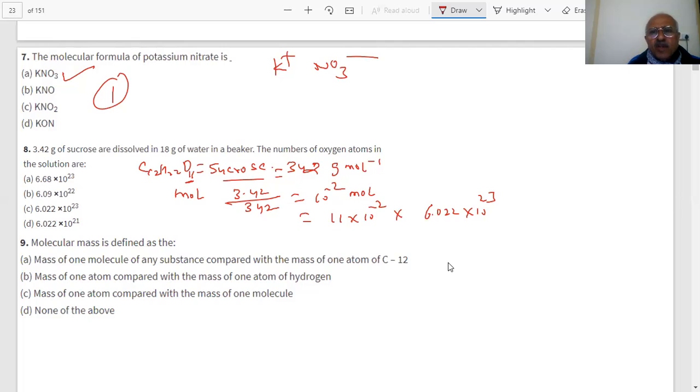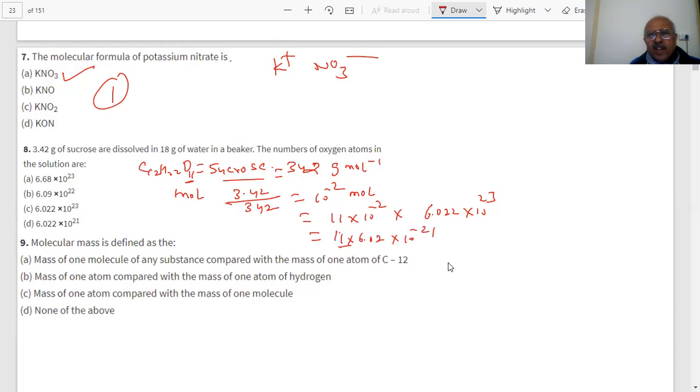how? What is the value? These are the moles. 1 mole of this, 1 mole contains how much? 1 mole of this contains 11 atoms. C12H22O11, 11 atoms in this. So that will come to be how much? Approximately, students, this will become 11 into 6.02 into 10 minus 21.